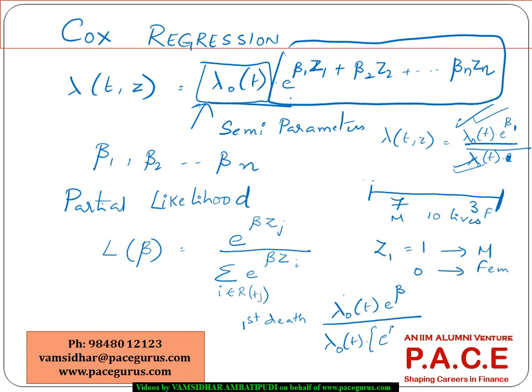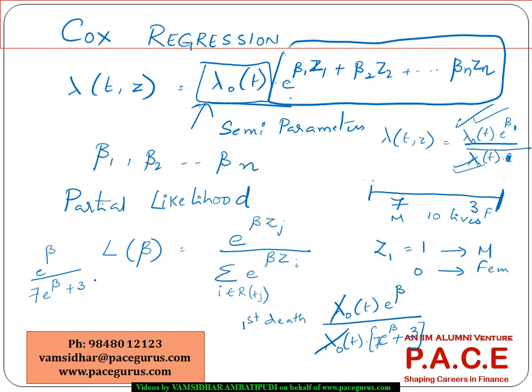For the 7 males, I will have lambda naught of t into e power beta, so it becomes 7 e power beta. And for the 3 females, it just becomes lambda naught of t. So my likelihood function associated with the first death becomes e power beta divided by 7 e power beta plus 3.